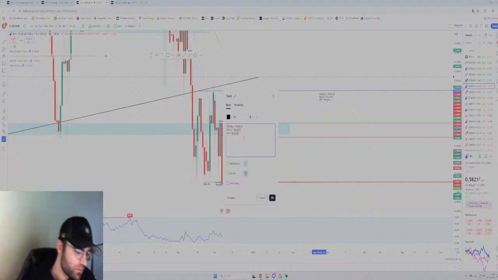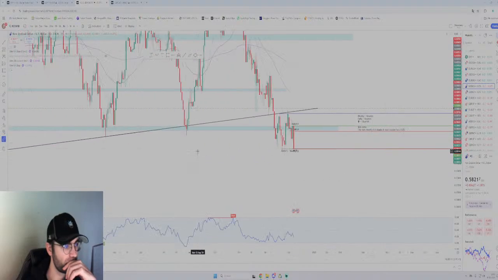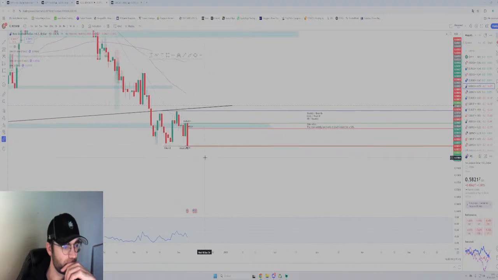Did make it. Side note, the new weekly low made it much easier for a basically another test of the area of interest, and I would be interested.